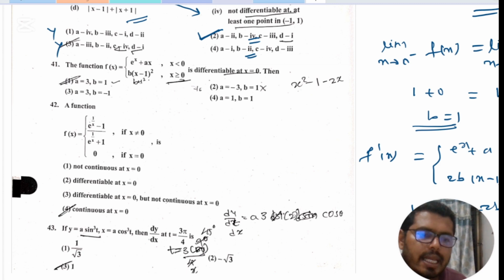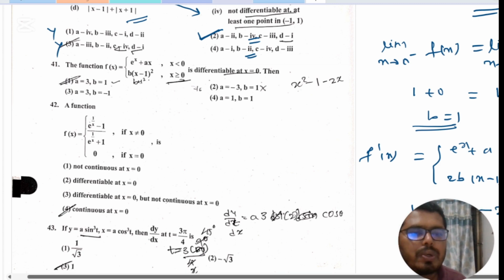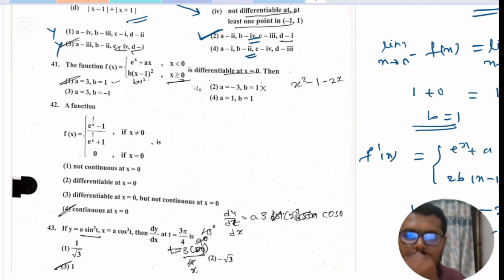This implies that a equal to, b equal to 1. Let's keep here 2, 2 into 1 is 2. Okay. Therefore a equal to minus 3. Therefore b equal to 1, a equal to minus 3. Option number 2 is correct here. Okay. Next, question number 42.